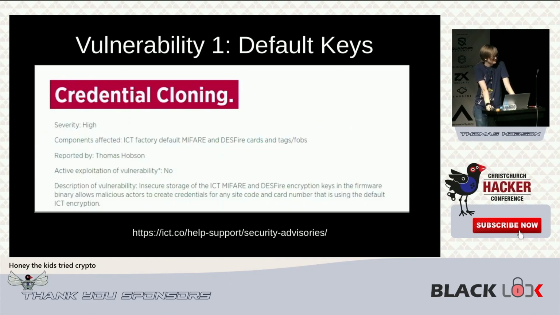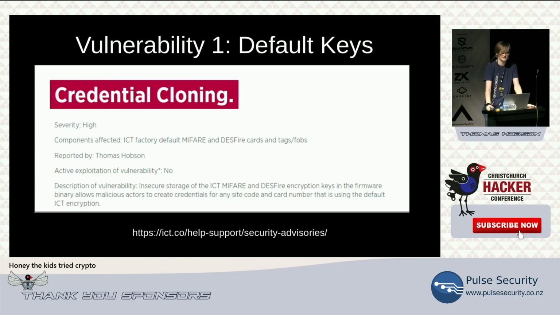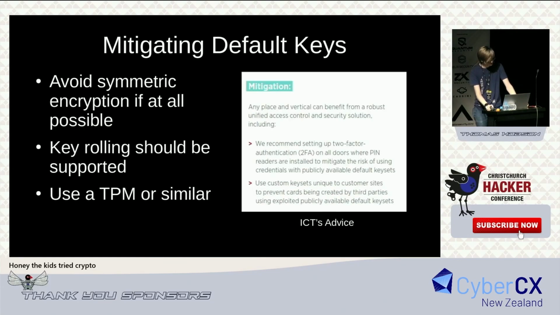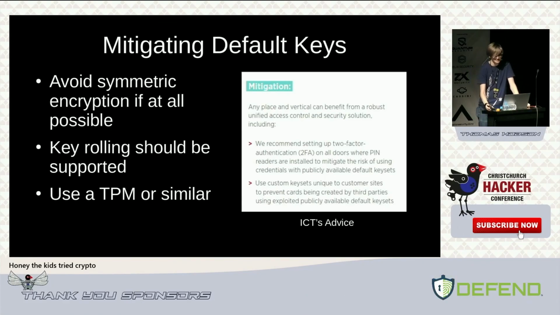We'll get to mitigations in a bit, but this is security by obscurity. ICT have acknowledged this issue. Every time you try to purchase cards from them for a new site, they also cite this, so they're doing good in that way to get you to use the more secure technologies. If you're an ICT customer and you want to mitigate these risks, ICT say that you should be using card and PIN on your doors.